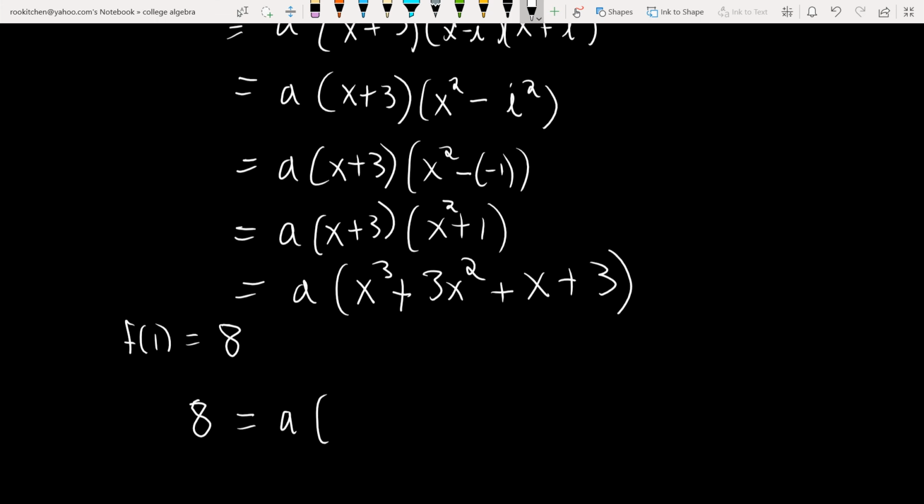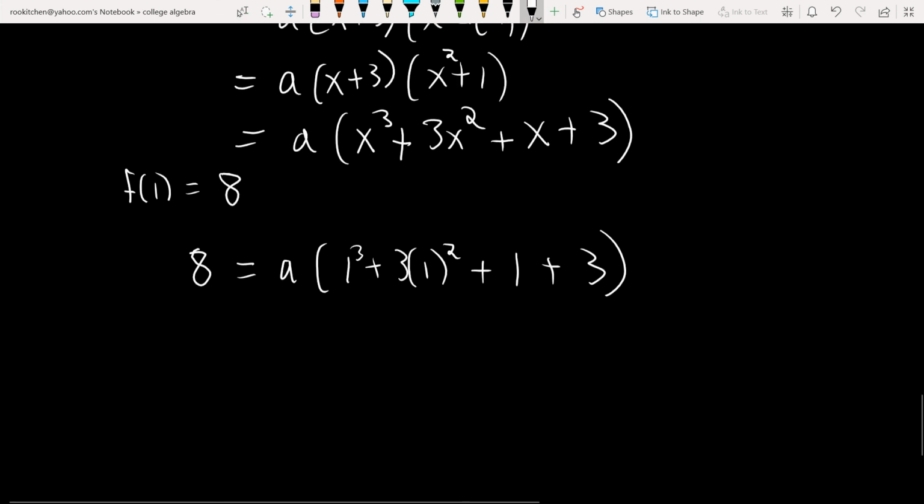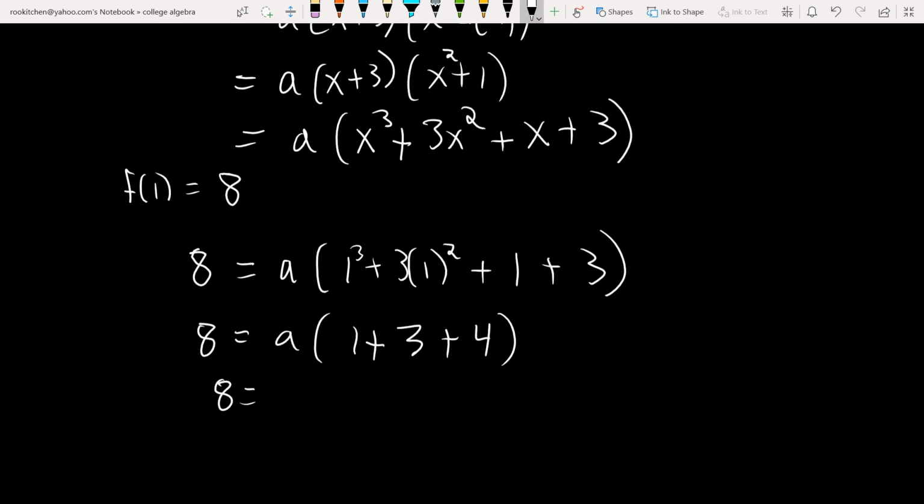So I have 1 cubed plus 3 times 1 squared plus 1 plus 3. Then I have 8 equals a times 1 plus 3 plus 1 plus 3, which is 4, of course. So 8 equals 8a, and then divide both sides by 8, and you get a is 1.